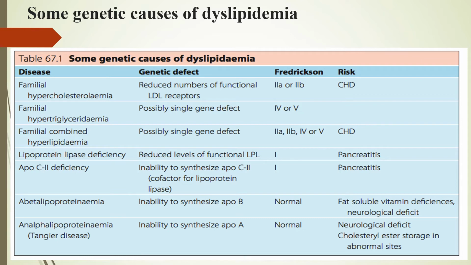This table summarizes or lists some genetic causes of dyslipidemias that are considered as primary causes with defects in apoprotein synthesis or receptor defects.